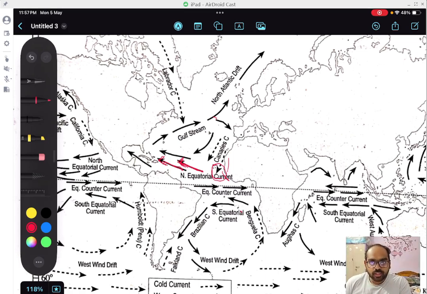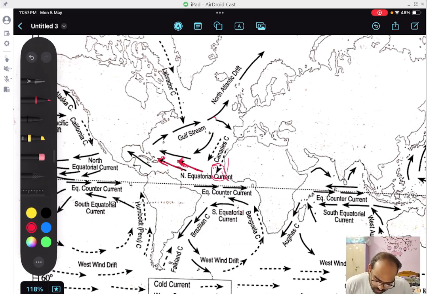This north equatorial current starts moving towards Mexico or Brazil, and at Brazil, what happens? Another thing is that the direction of these ocean currents is also influenced by the coastline. Coastline means, if a current hits a region, it diverges according to the coast of the country.